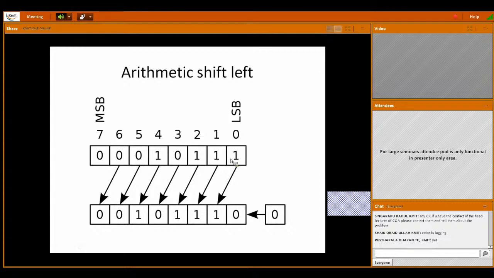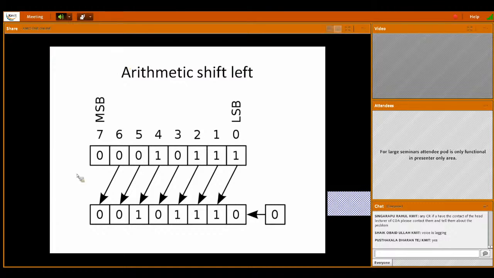On which data can you perform arithmetic shift? On signed binary numbers. How to know the sign of the number? Using the MSB position. Here the MSB is 0, which means it is a positive number.